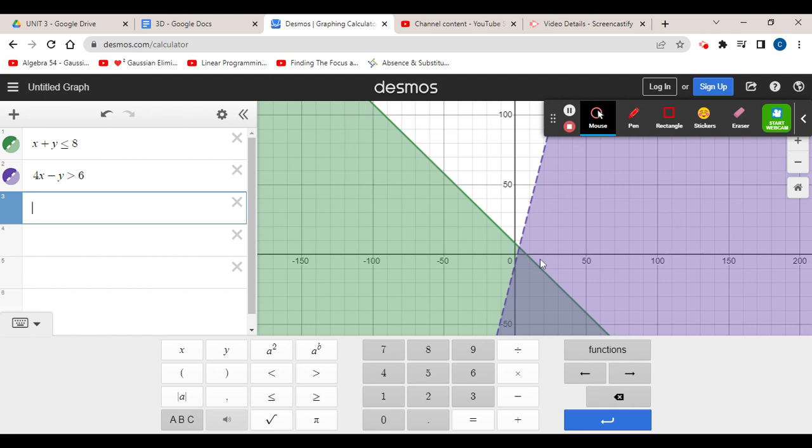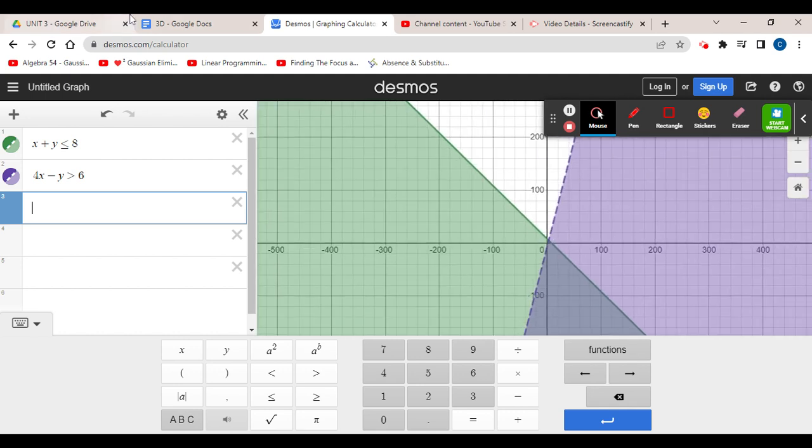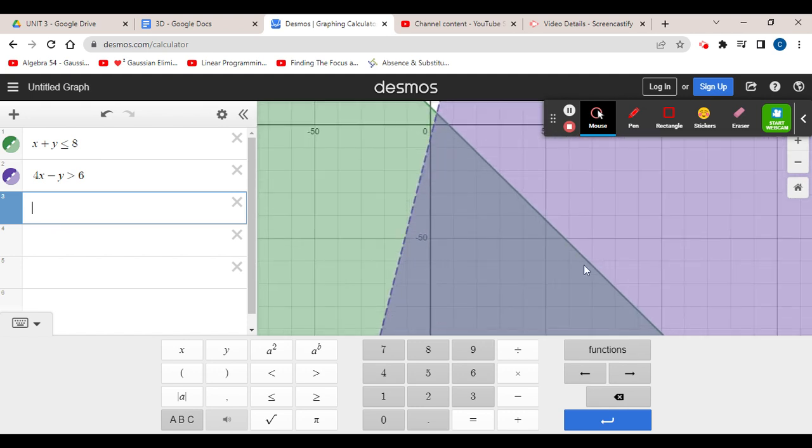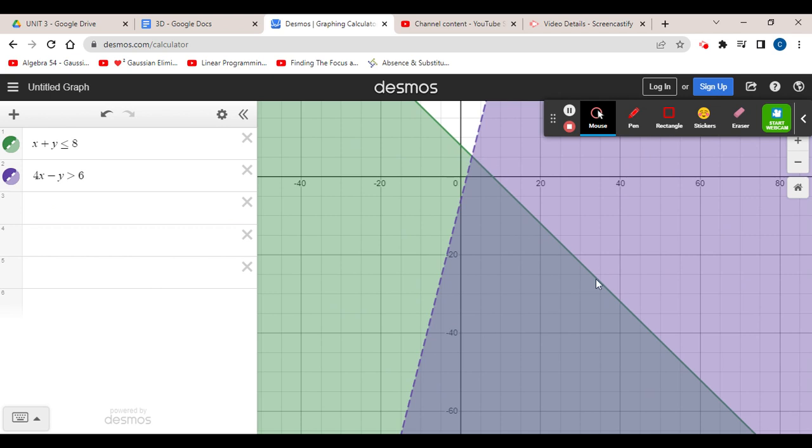Whereas with this green line coming up and down, everything below it is in the solution set. So the solution to these inequalities is going to be any point in this region here, any point in this purple and green shaded region.